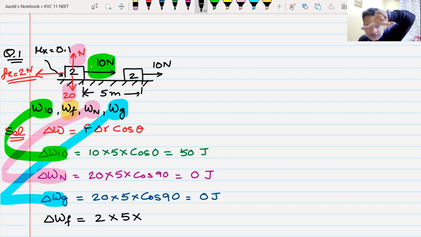Now they are in the opposite direction, so the angle will be 180 degrees. Cos of 180 is minus 1. So the answer becomes minus 10 joules.